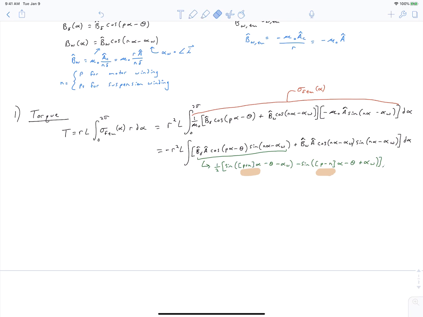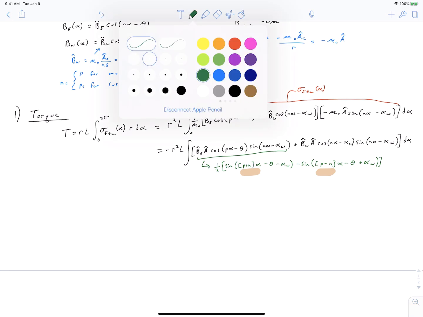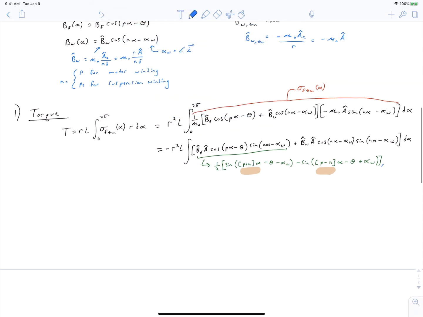And in this machine, both p and n have to be greater than 0. We know this because p is the number of pole pairs of the motor. You can't have a 0 pole pair motor or a negative pole pair motor. And n is the number of pole pairs of the winding. And the same thing goes. It has to be a positive integer.